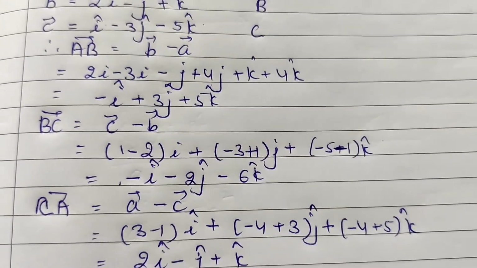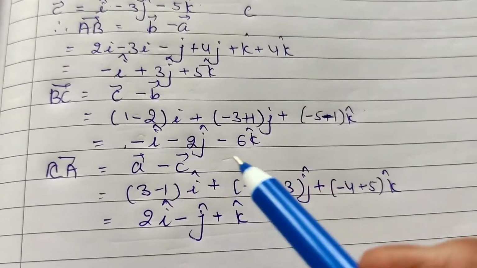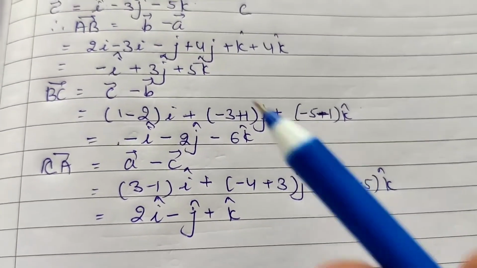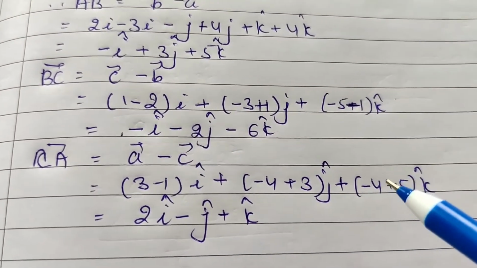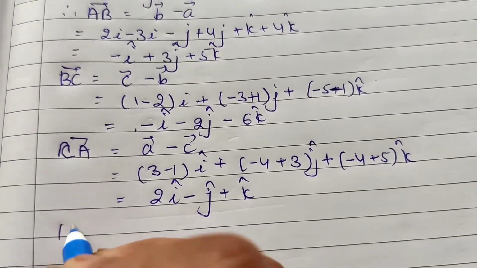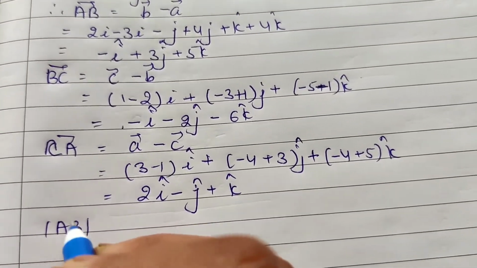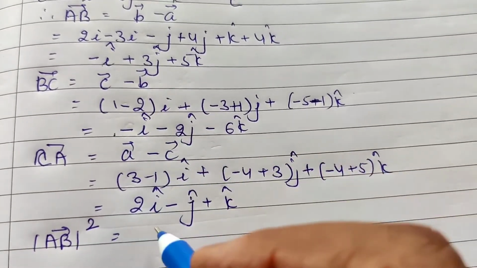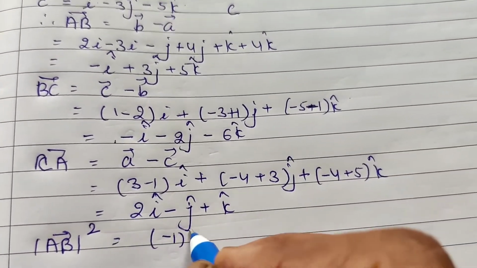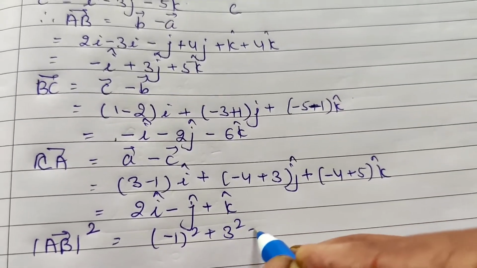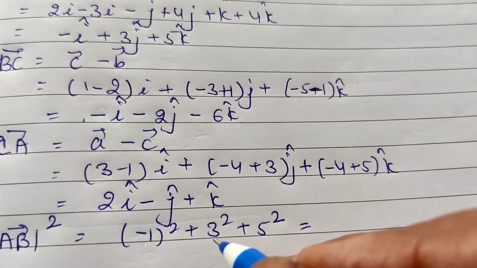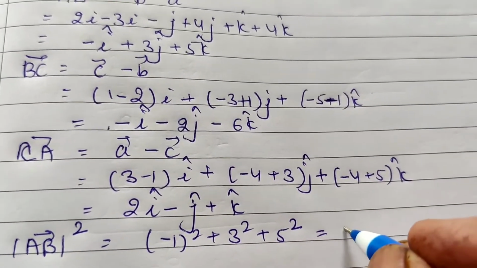Now these are the sides of a right triangle, which means the sum of the squares of two sides equals the square of the third side. The square of vector AB is minus 1 square plus 3 square plus 5 square, which is 1 plus 9 plus 25, 35.